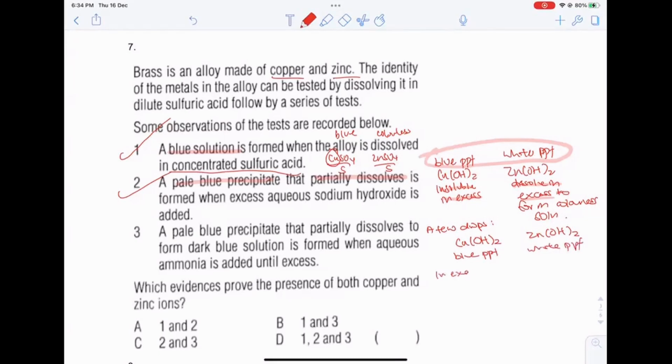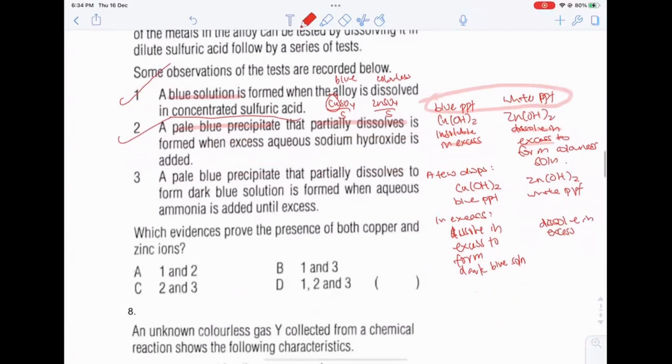And then in excess, copper hydroxide is dissolved in excess to form dark blue solution. And zinc hydroxide will dissolve in excess to form colorless solution. Ayo, my handwriting is getting very bad. Okay, wait.